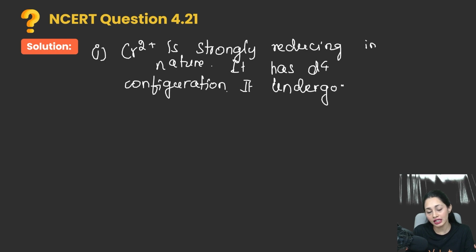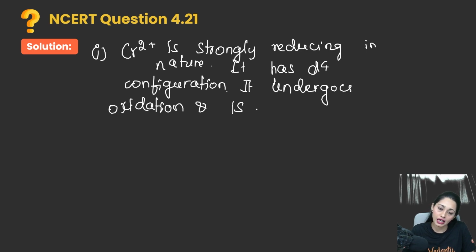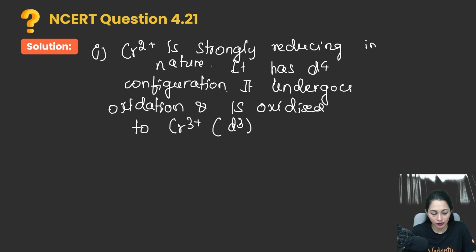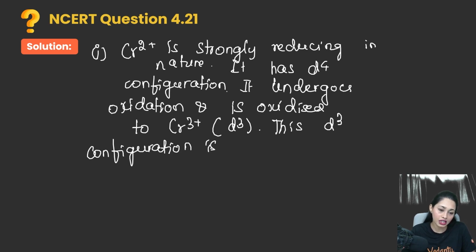So a reducing agent is something which itself undergoes oxidation, reducing the other. It undergoes oxidation and is oxidized to chromium 3+. Here d3 configuration will be there. Okay. So this d3 configuration is a more stable configuration.